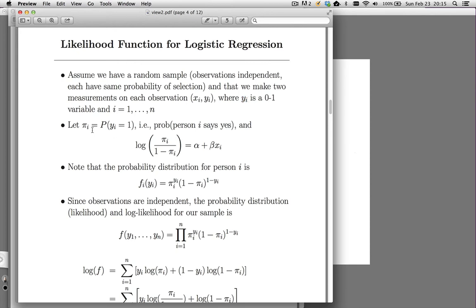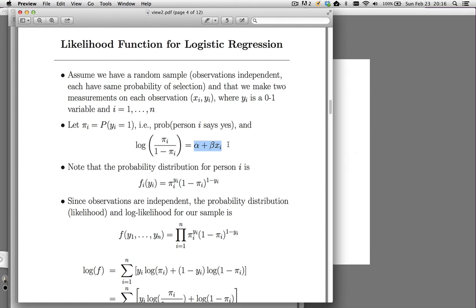Now we're going to let pi i be the chance that observation i is a yes. And then last time we saw how the logit of pi over 1 minus pi was going to be modeled as some linear predictor, so alpha plus beta xi.